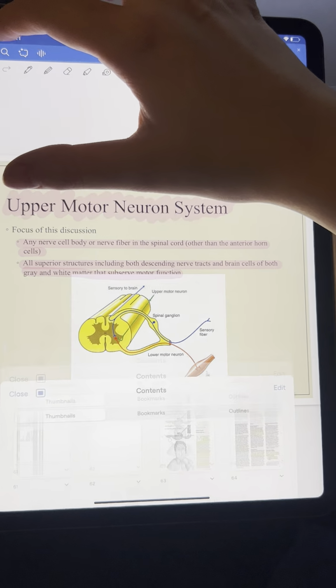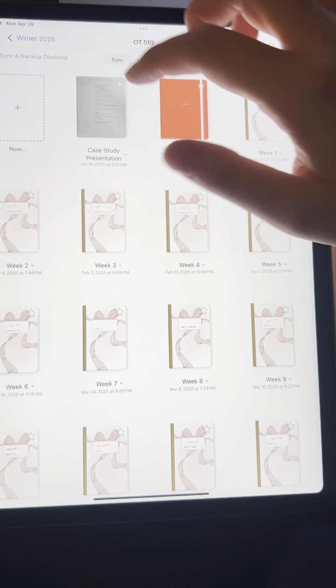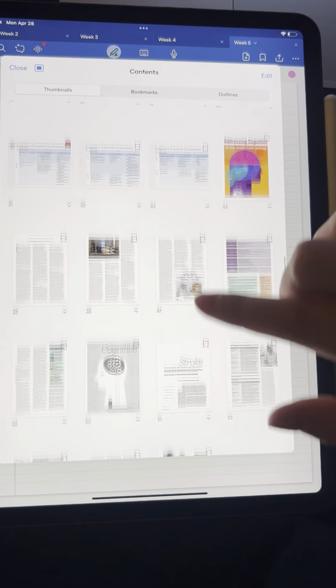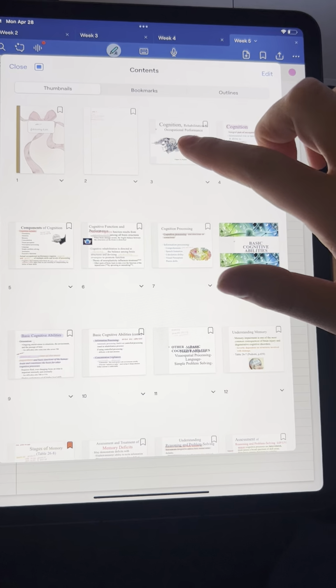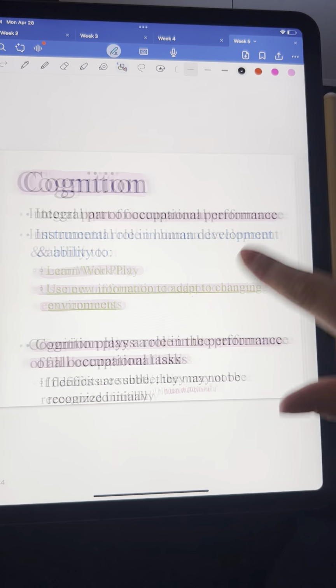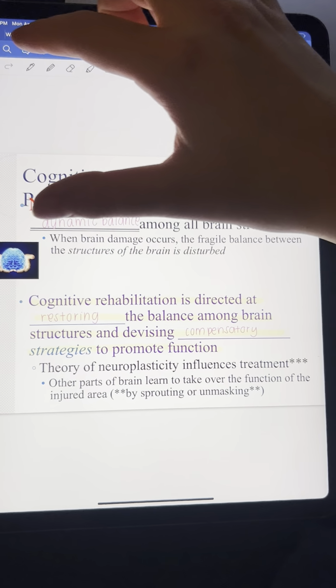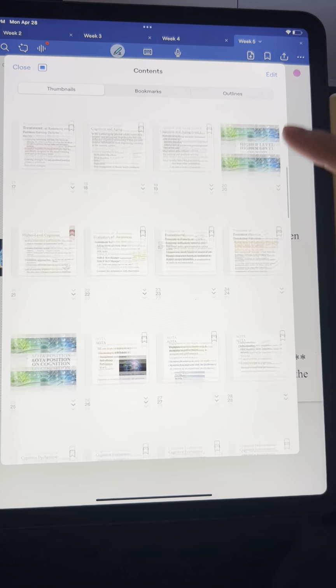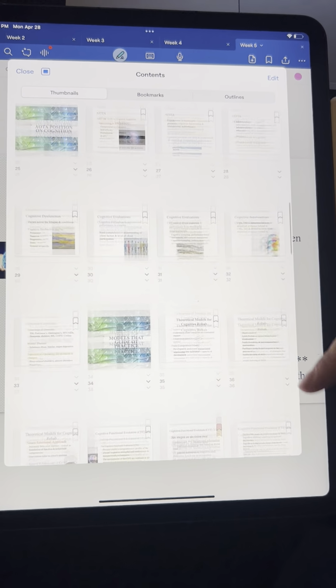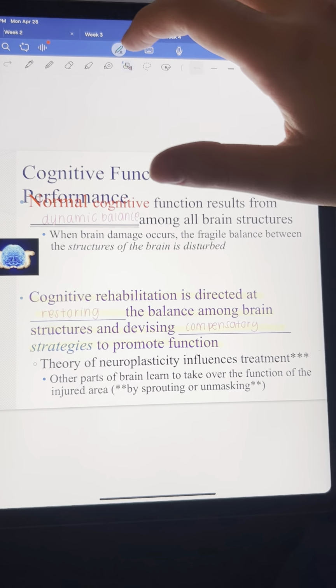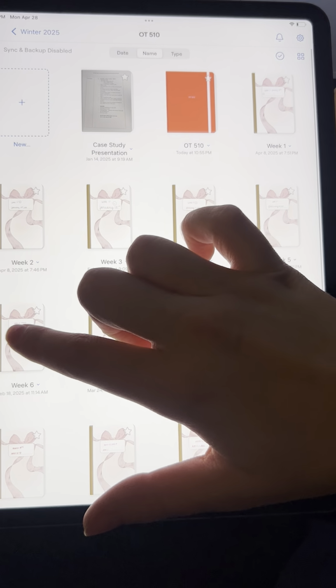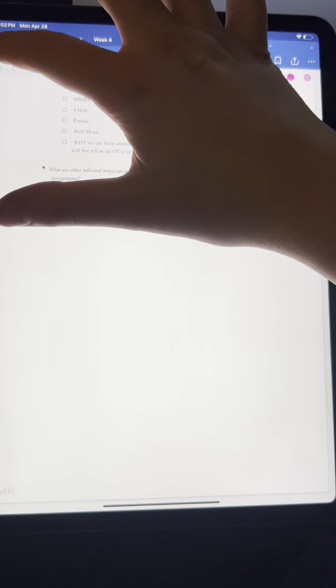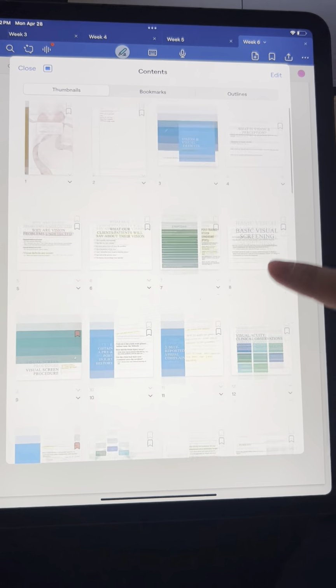Week 5, this is our cognition. Week 6, this is our vision.